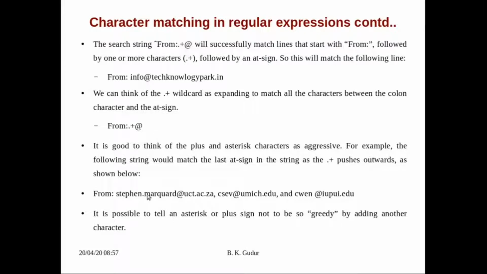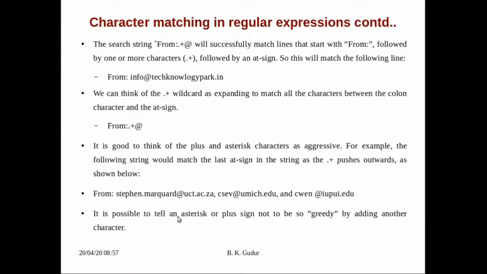When we write such an expression, it will match the last at symbol. Before this, all those characters will be considered. It expands aggressively till the end. It may stop here itself, but it doesn't stop here. Instead, it will go up to this and match this at, and before this it will consider all these things.